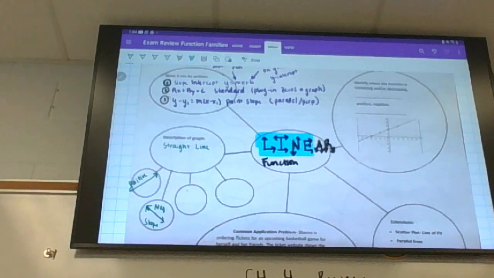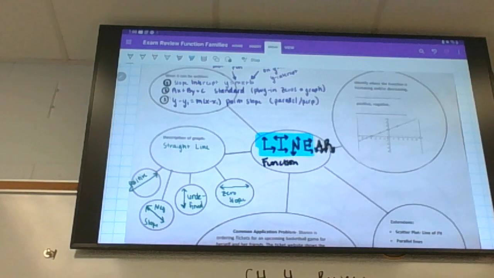And if the line is perfectly straight up and down, we call that undefined. And if it's totally flat, horizontal, that's zero slope or no slope.